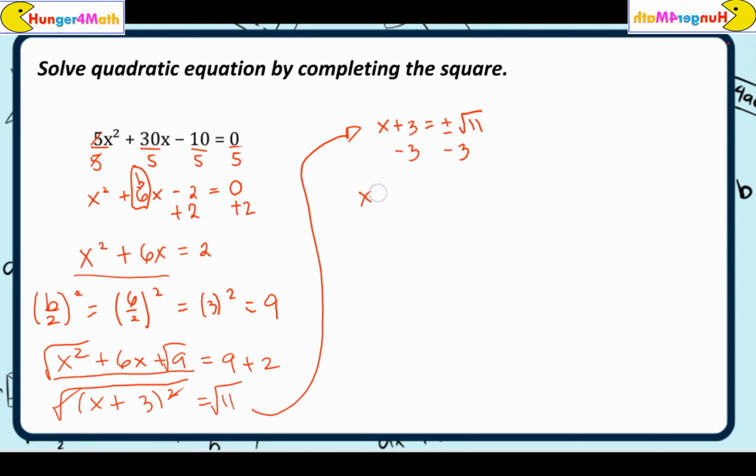So x is equal to negative 3 plus or minus the square root of 11. And then we're going to split that. That will be x is equal to negative 3 plus the square root of 11, and x is equal to negative 3 minus the square root of 11. So here's our answer.